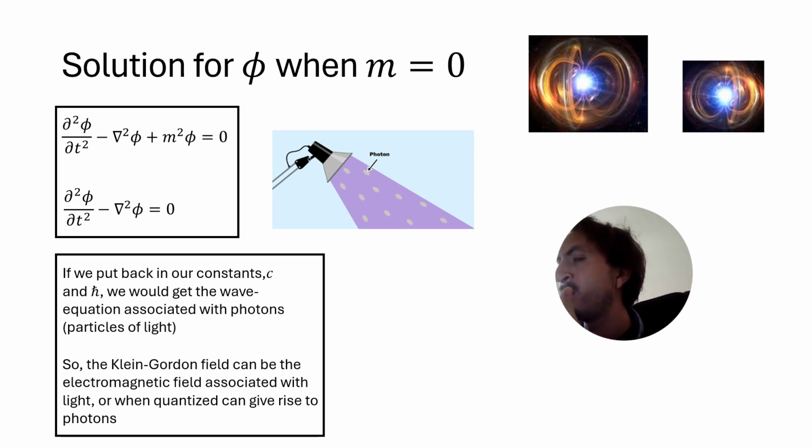So not a matter particle, but a particle in this case that is carrying the electromagnetic force. And it would turn out also when we look at cases where m doesn't equal 0, again it's describing force-carrying particles, but particles that are less talked about than the photon.